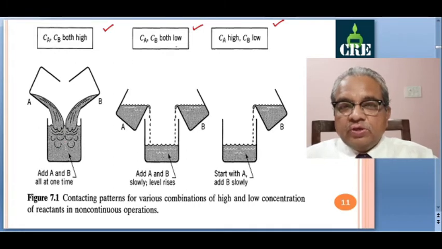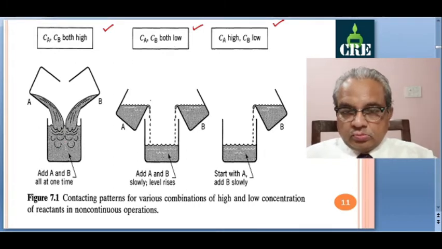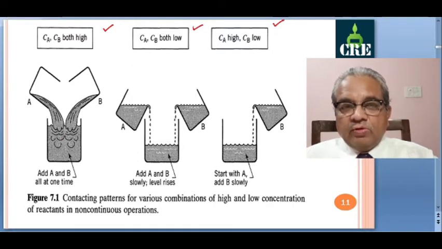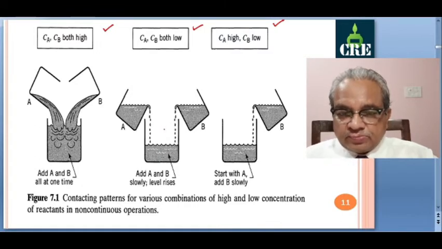If Ca and Cb are both low, here you add A and B slowly, as the level rises.